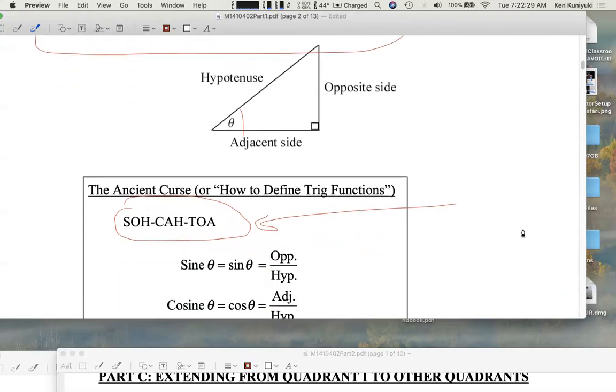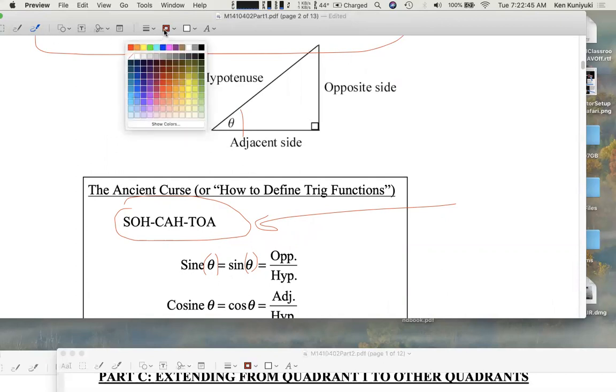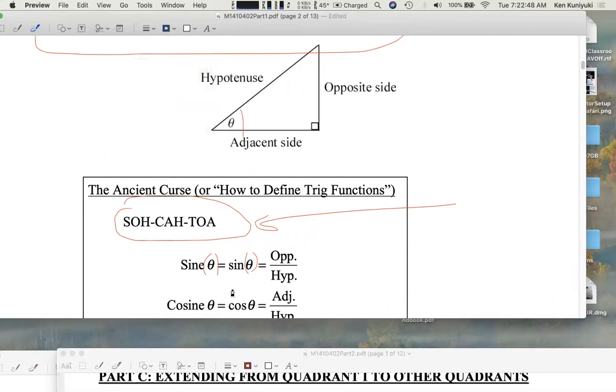All right. So the sine of theta, again, it's nice to put parentheses. The sine of theta is the length of the opposite side over the length of the hypotenuse. All right. So the sine of theta is given by basically opposite over hypotenuse.